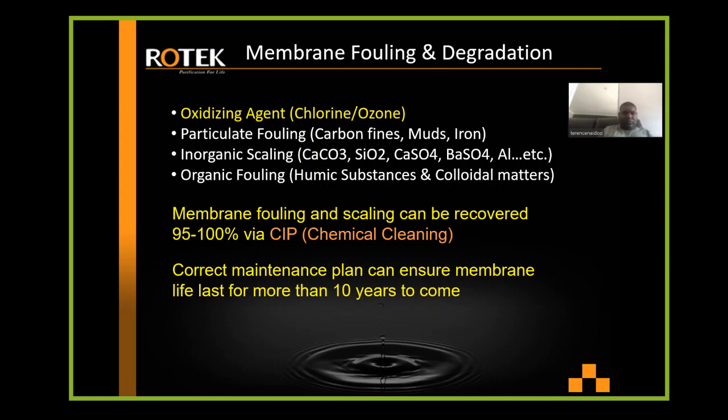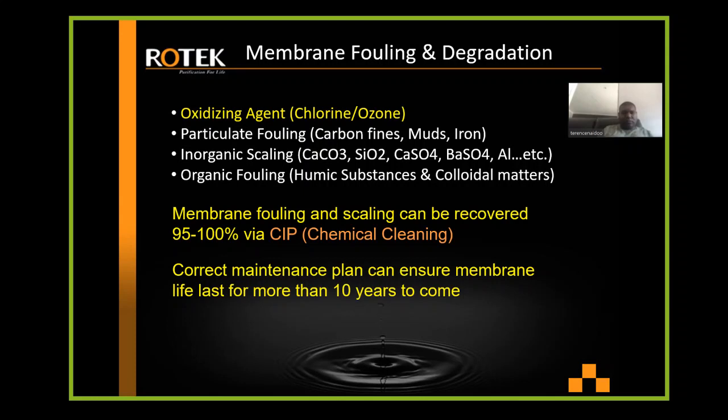However, most of the time the membrane will be fouled or scaled. We have fouling and scaling issues from 3 reasons: particulates, inorganic scaling, and organic fouling. Particulates include carbon fines, mud, iron, and particles.